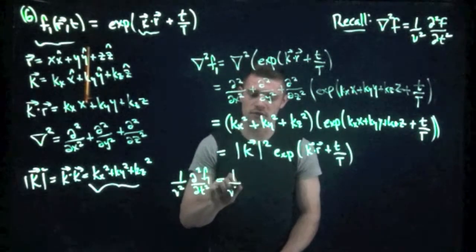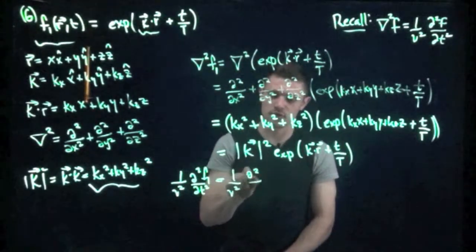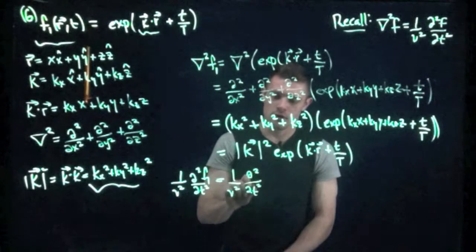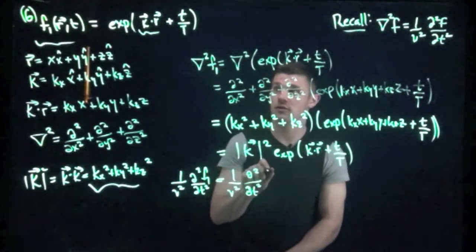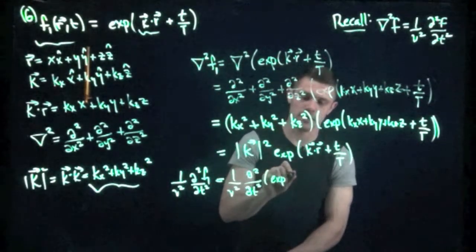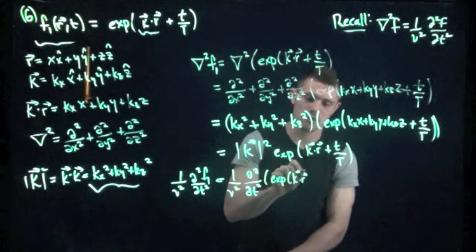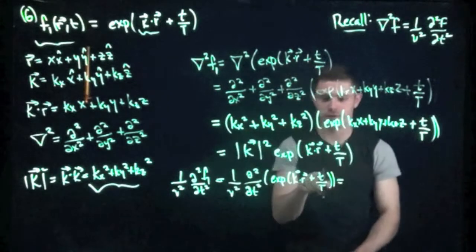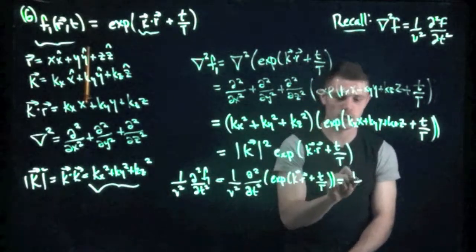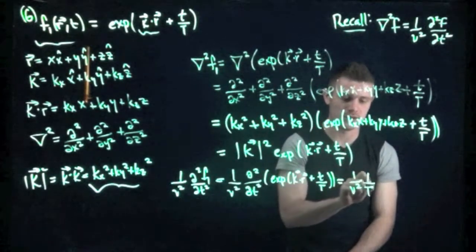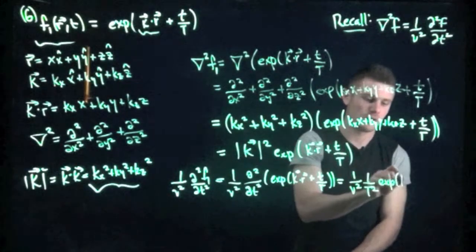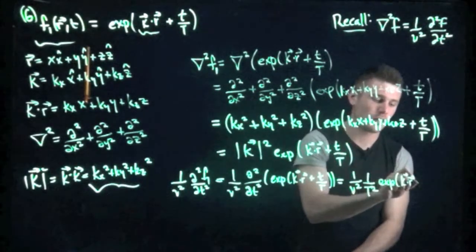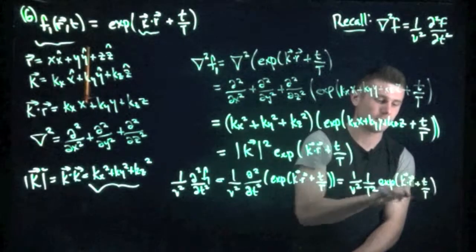And this is just 1 over v squared, and we take the second time derivative of our function, which is the exponential of k dot r plus t over T. And of course, we get the derivative of t over T twice. We get 1 over v squared, 1 over T squared, times the exponential of k dot r plus t over T.